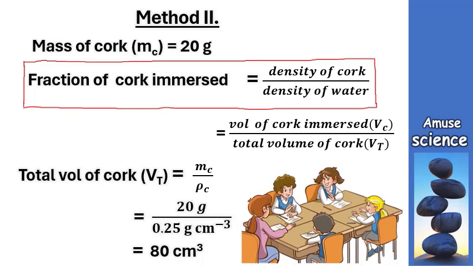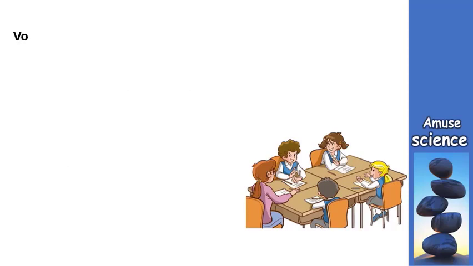Now to find the volume of the cork immersed in the water, we know that the volume of cork immersed in the water is equal to the volume of water displaced.